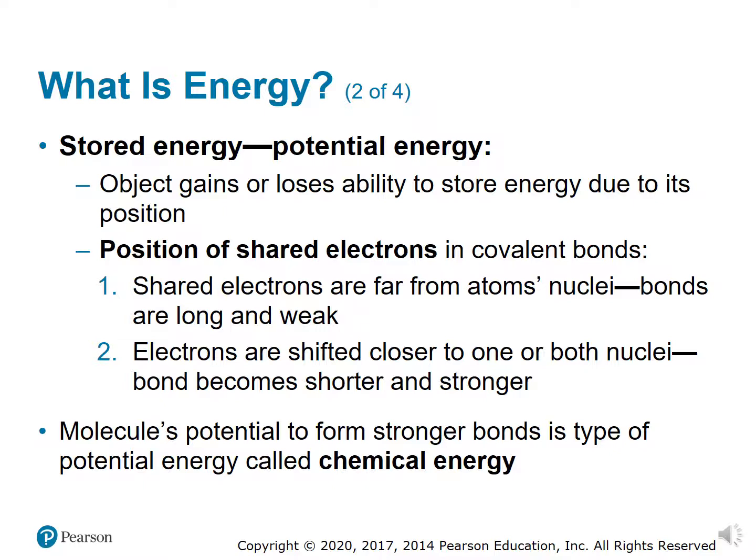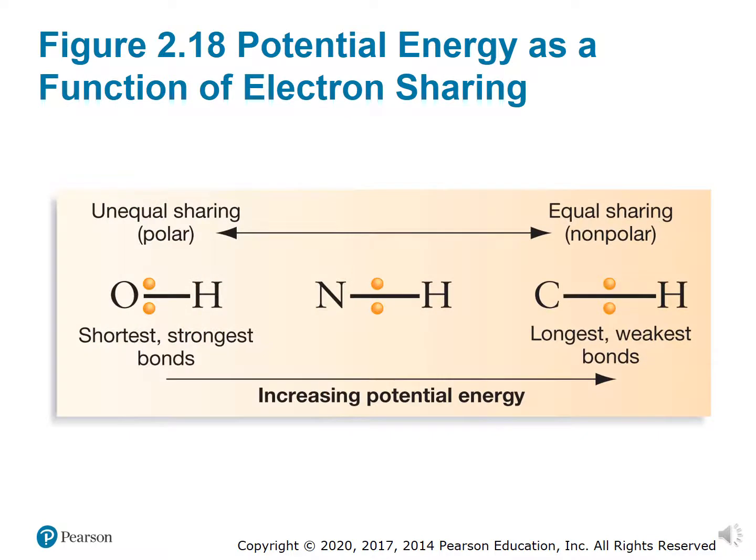Shared electrons can be far from the atom's nuclei, and the bonds are typically long and weak. And electrons can also shift closer to one another and become shorter and stronger. So these are different forms of potential energy in covalent bonds. It is also known as chemical energy. So chemical energy and potential energy are the same.